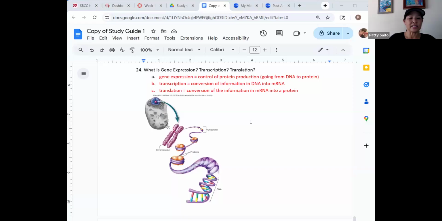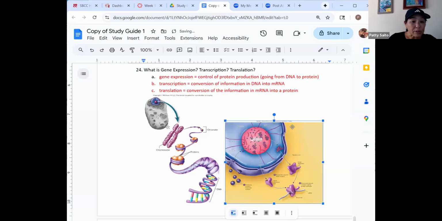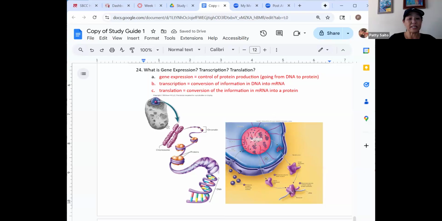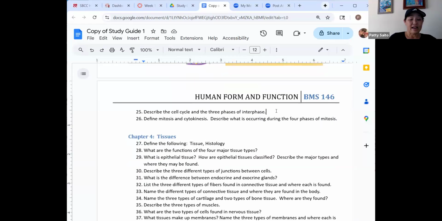I gave a lot of detail just so you can understand it, but not necessarily that you have to recreate all that. So this is a kind of a picture of what I was showing as the information passes along. And here's the ribosome that's reading the messenger RNA. All right.